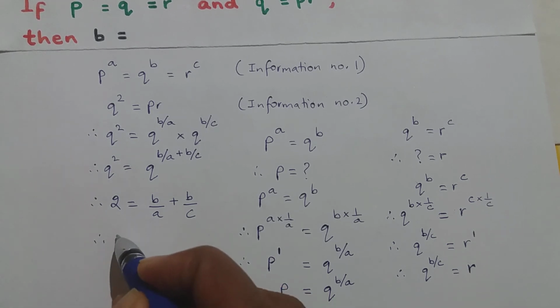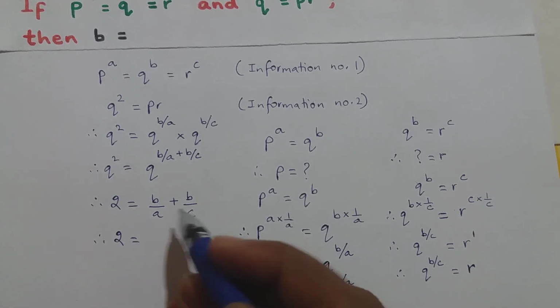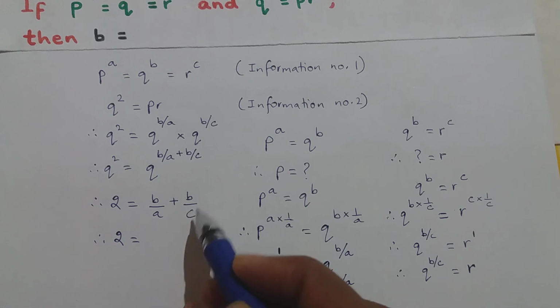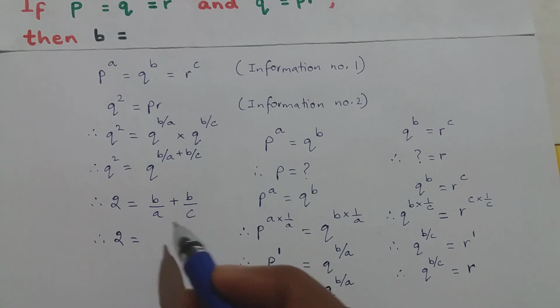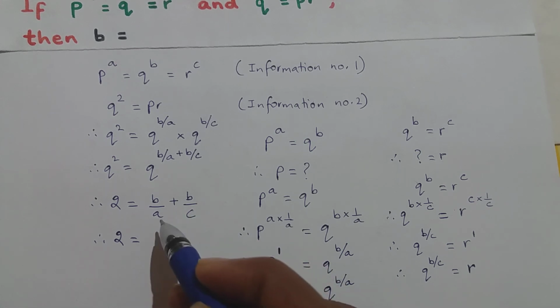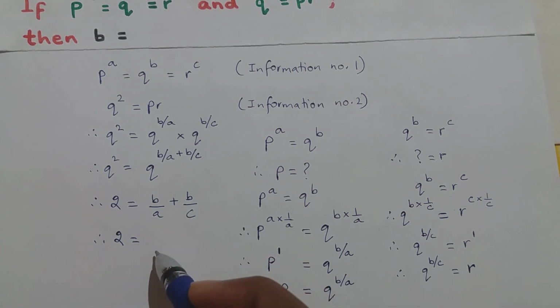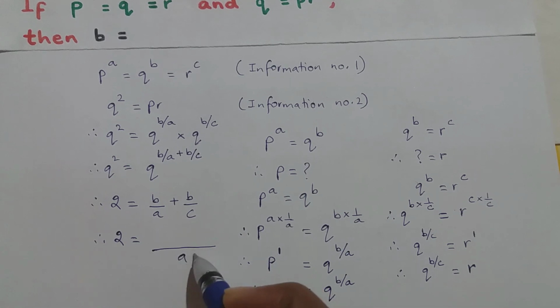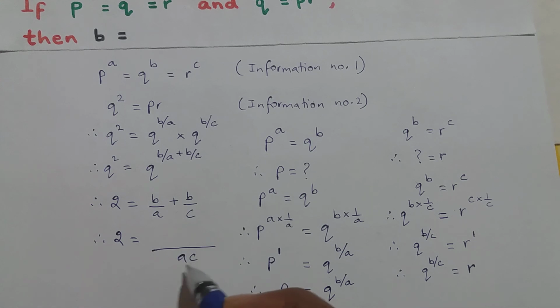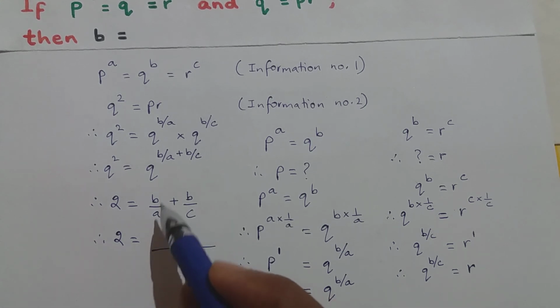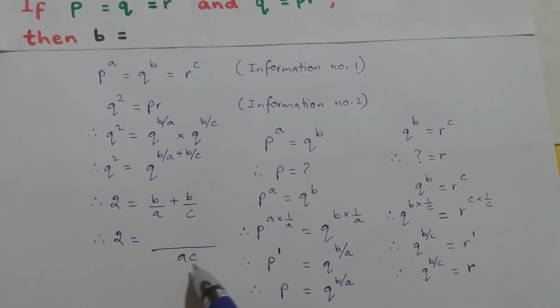So 2 is equal to b by a plus b by c. Let us simplify this. In order to simplify this, I have to take the LCM of the denominators, a and c. The LCM of a and c is AC. Now b by a: here the denominator is a and my LCM is AC.